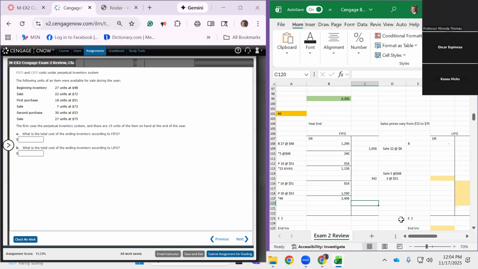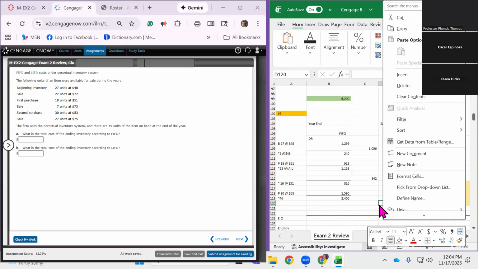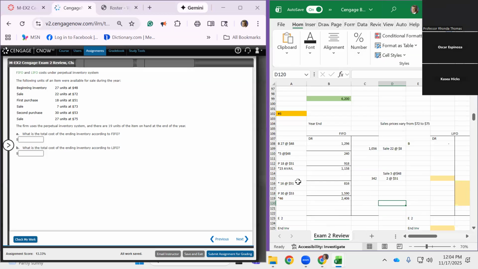Now here comes the last sale. My goodness. Okay, first in, first out. So the first ones that are going to go out are the $51 cost. So how many are we selling? We're selling 27. So all 16 of those go. So a sale of the 16 at the 51. Okay, and we'll do a calculation.